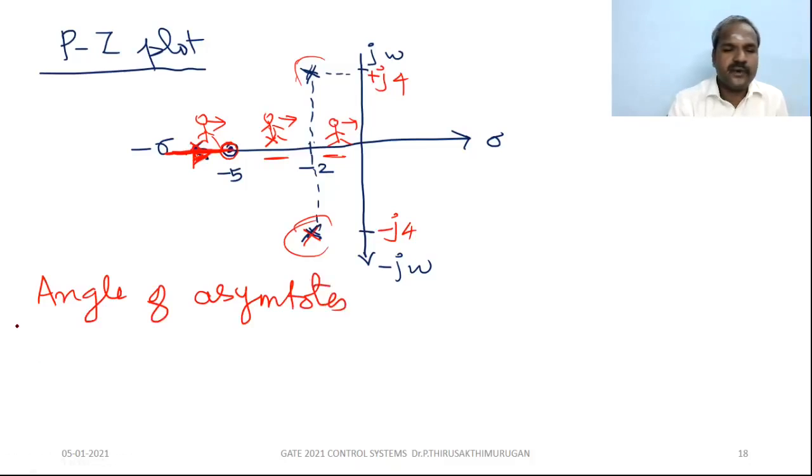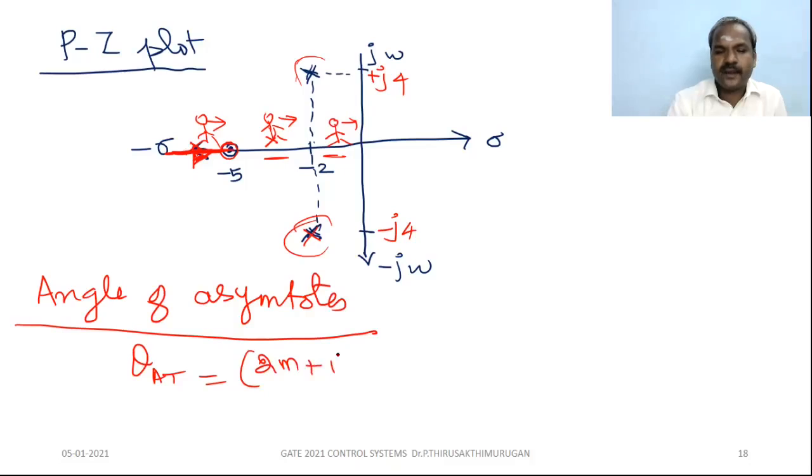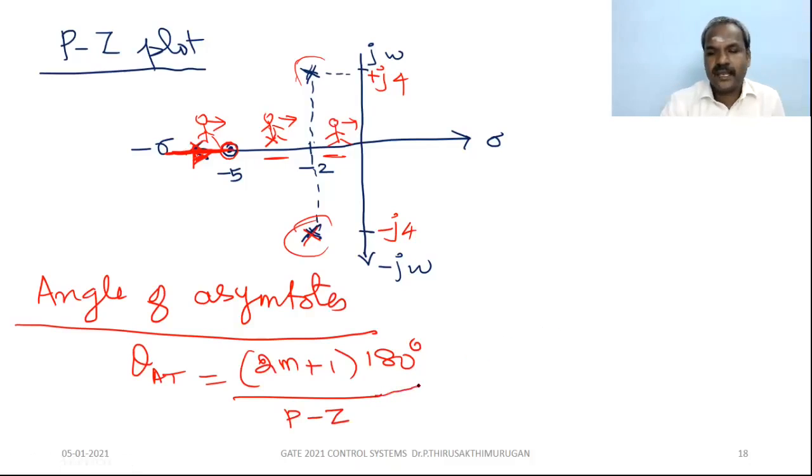What is the formula for the angle of asymptotes? Theta equals (2m plus 1) into 180 degrees divided by p minus z, where p minus z is the number of poles minus zeros, only 1.